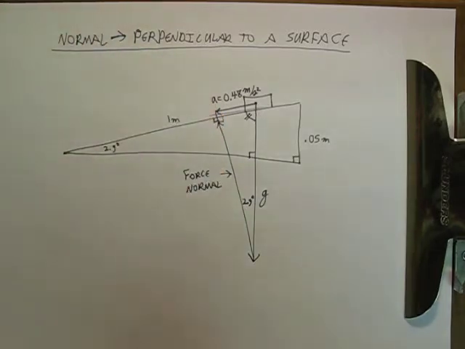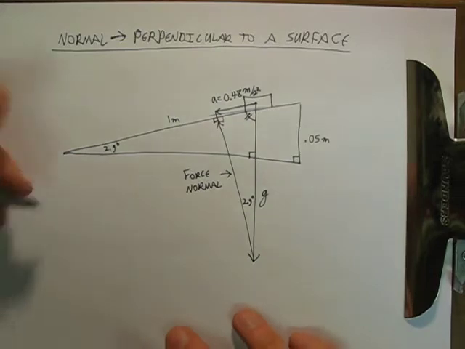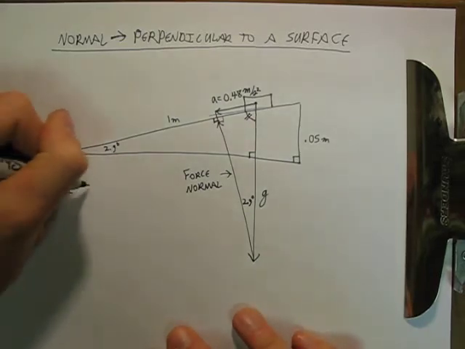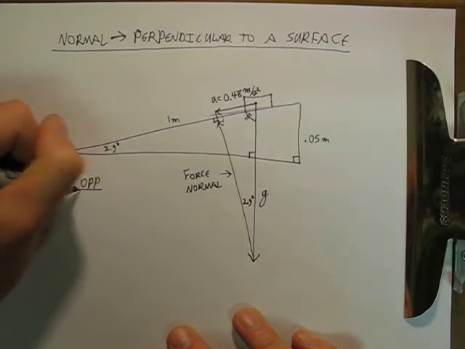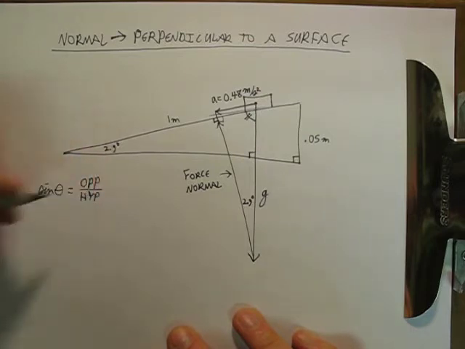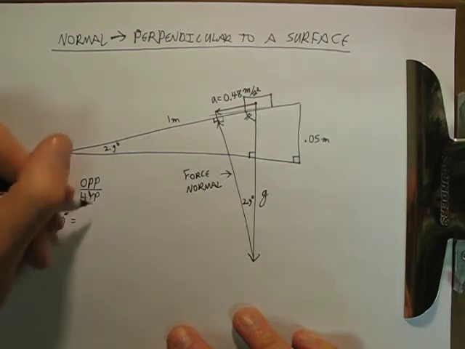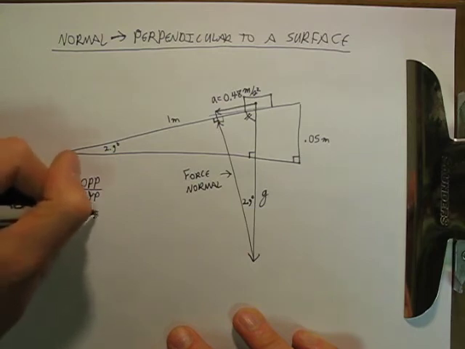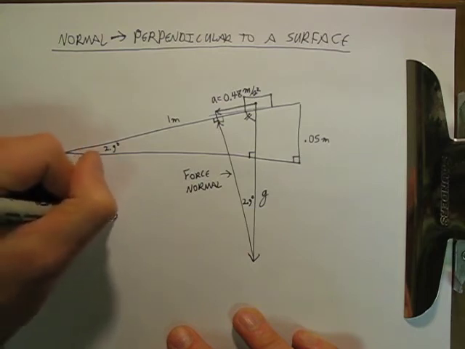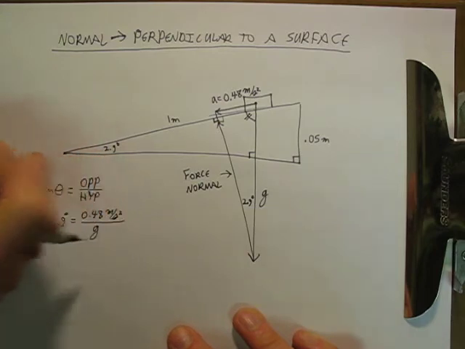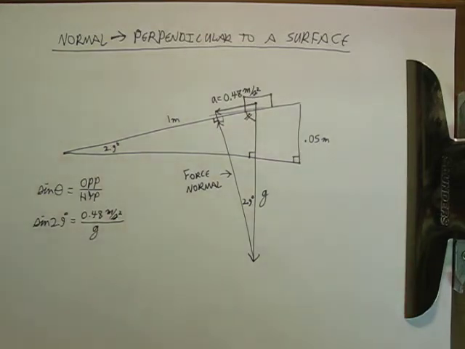And so what I can do is I can do sine of theta is equal to opposite over hypotenuse. And so I can do the sine of 2.9 degrees is equal to 0.48 meters per second squared over g. And I can solve that for g.